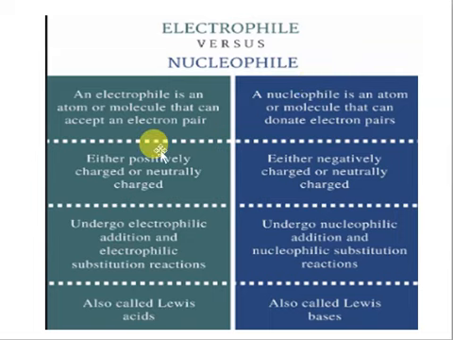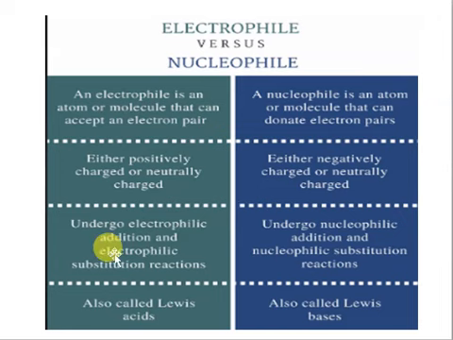Electrophiles can be positively charged, either full positive or partially positive, or they can be neutral, right? Nucleophiles can be either fully negatively charged or partially negatively charged, or they can be neutral, right?